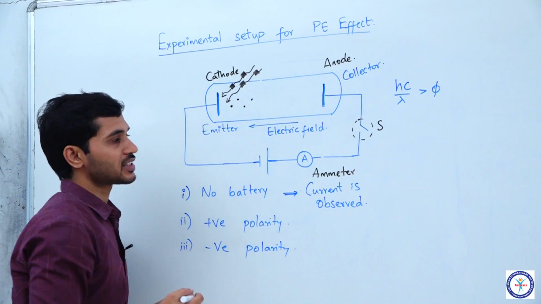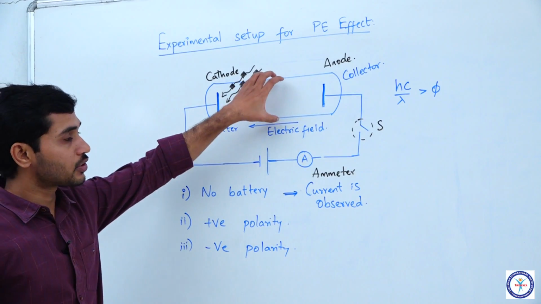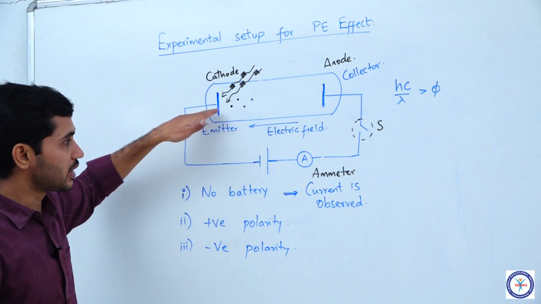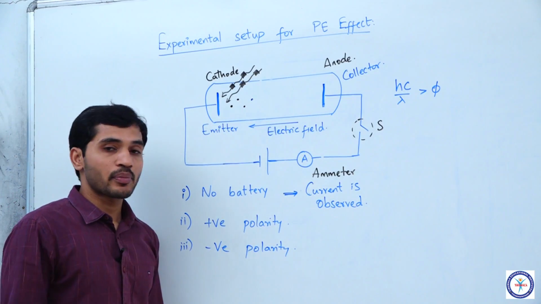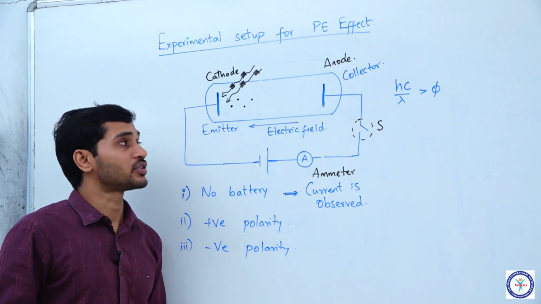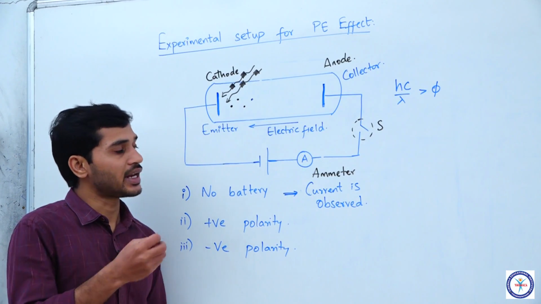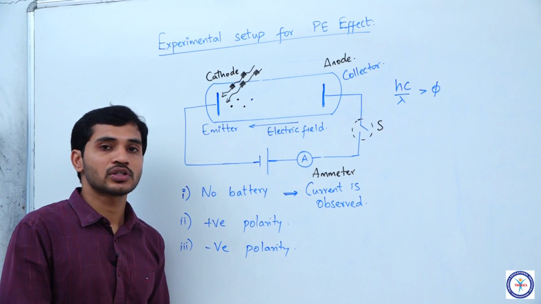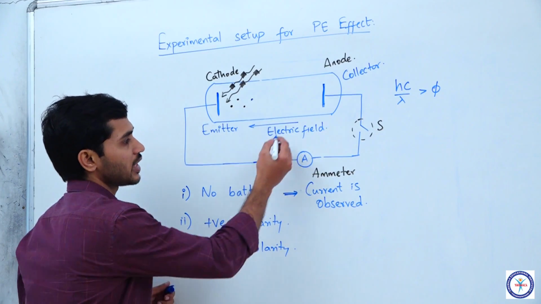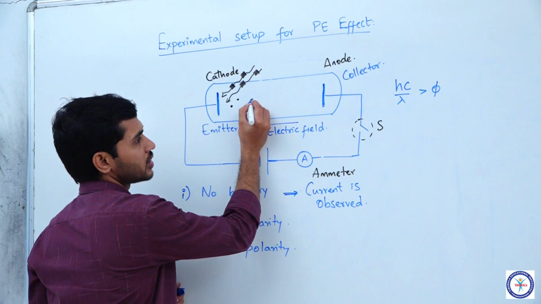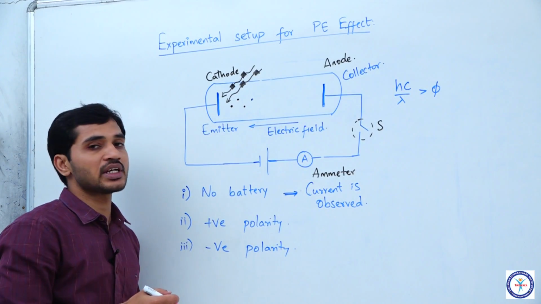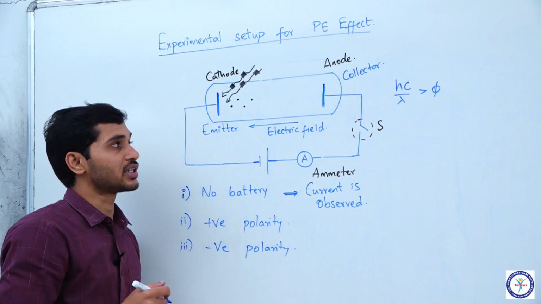So, an electric field is established inside the tube from the anode to the cathode, in this particular direction. Now, what happens because of that electric field? We have already discussed in our prerequisite concepts lecture that whenever electrons are in an electric field, they experience a force opposite to the direction of the electric field. So, those electrons will be accelerated in that particular direction.